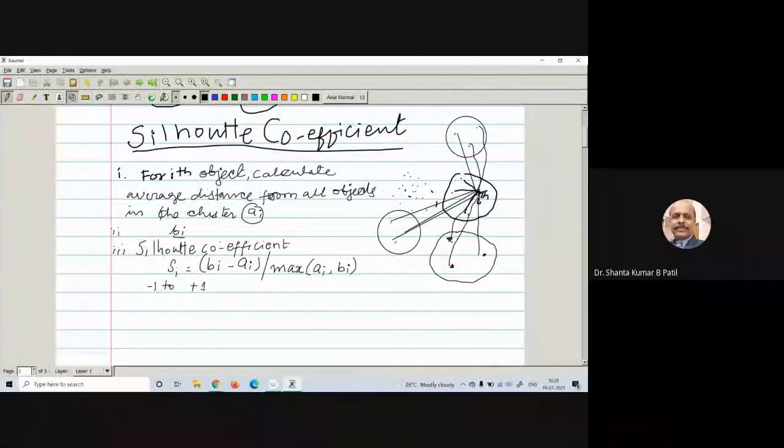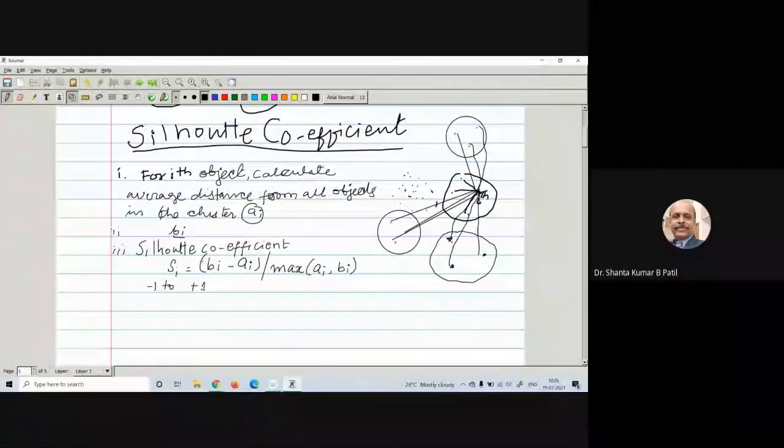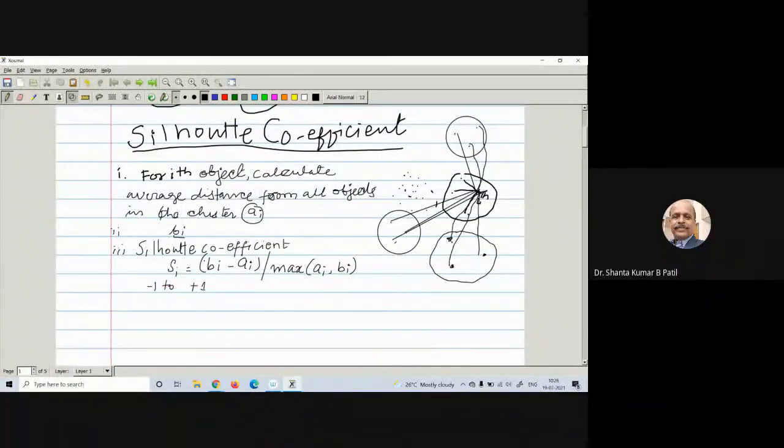Any technique you take, if you are getting a negative value, that is undesirable, because this corresponds to the case in which AI is greater than the BI, the minimum average distance to points in other clusters. We want the Silhouette coefficient to be positive.